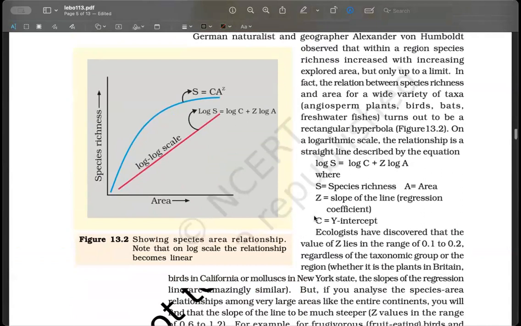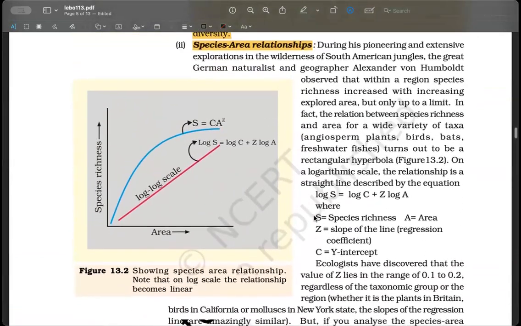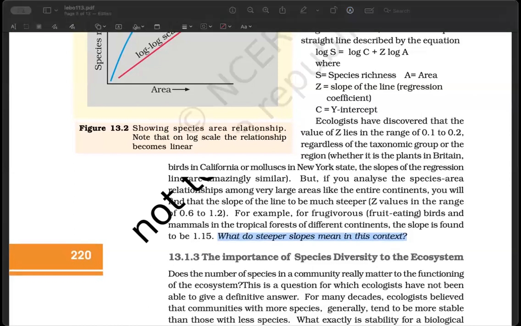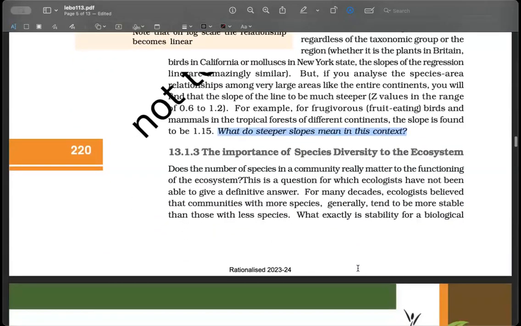I allow you 2 minutes to go through both of these things, both the points. Hmm. No doubts?